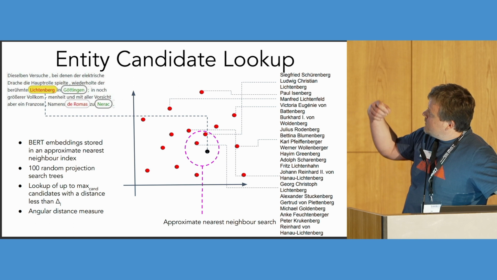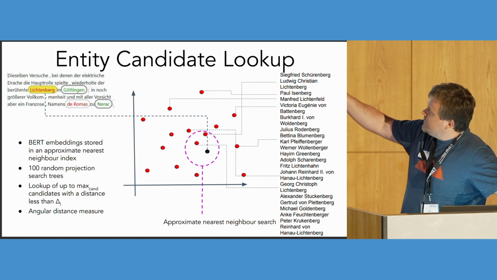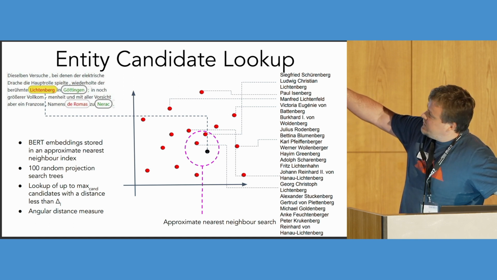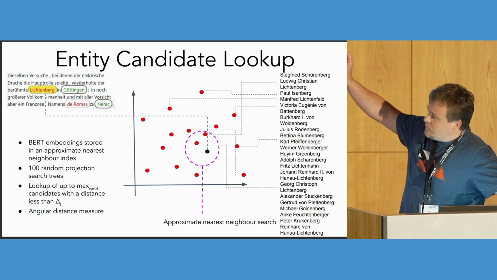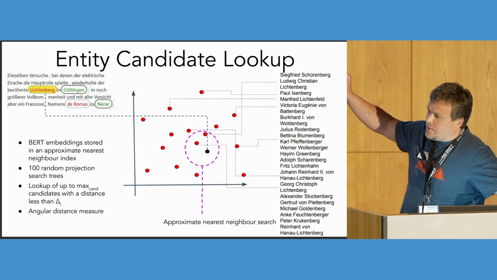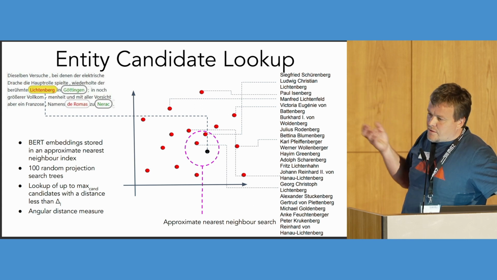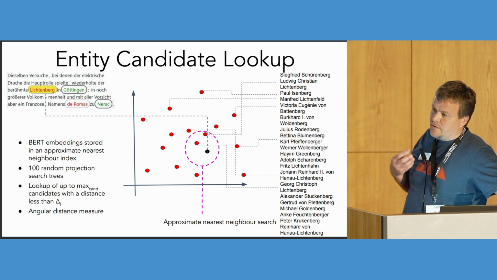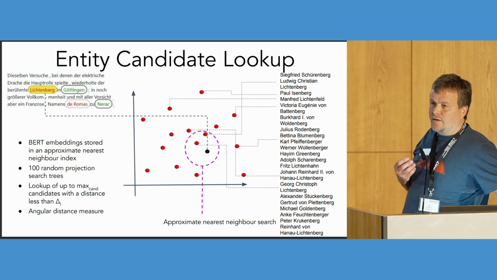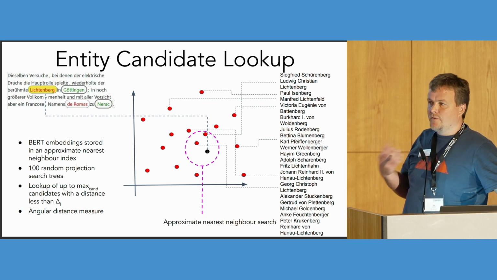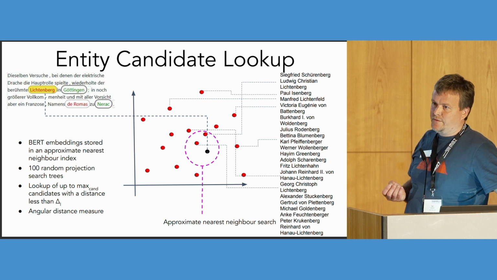And what is done then is we take the text passage in question, its corresponding BERT embeddings, and we do a nearest neighbor search in that index. And all the nearest neighbors in that index are the candidates for the second step of entity linking.